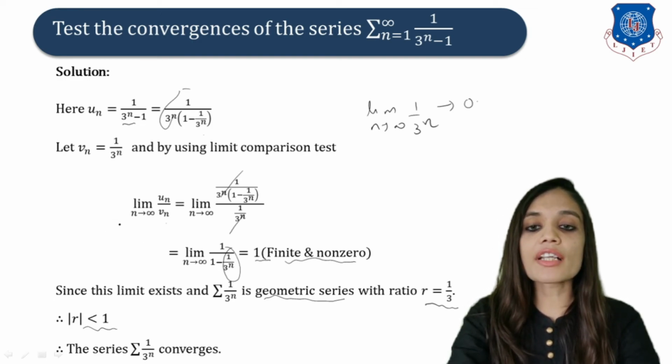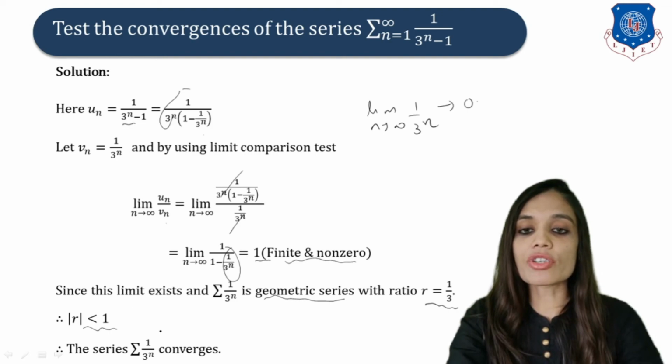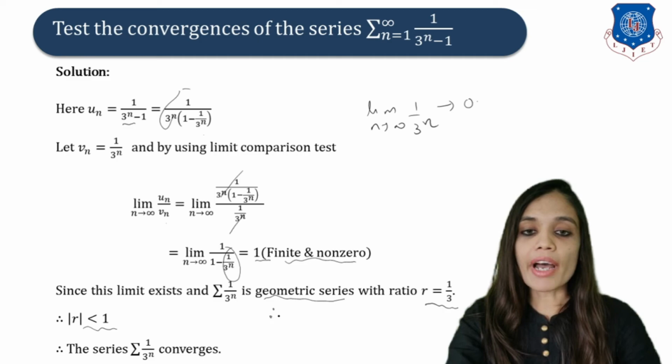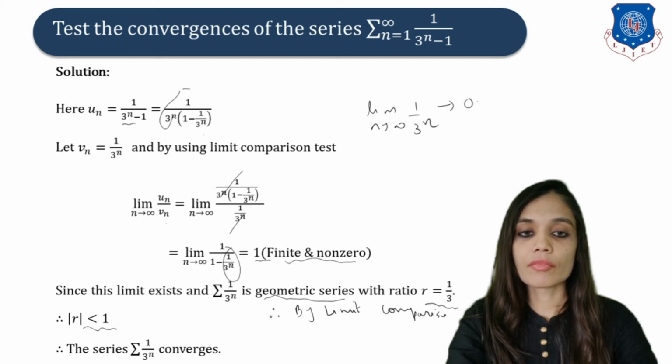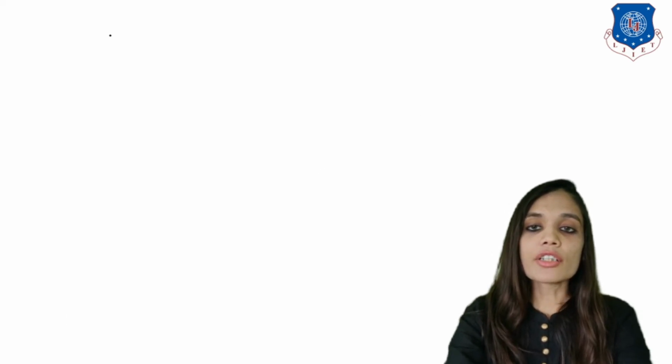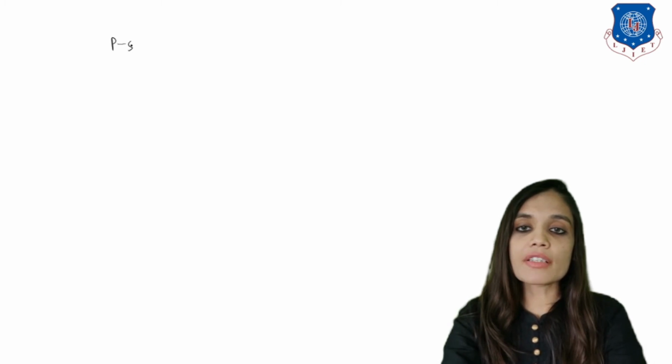Therefore we can say that the series summation 1 upon 3 raised to n converges. Therefore by our limit comparison test, our given series, that is summation n is equal to 1 to infinity 1 upon 3 raised to n minus 1, is also convergent, right?